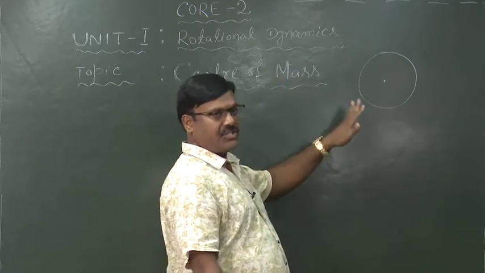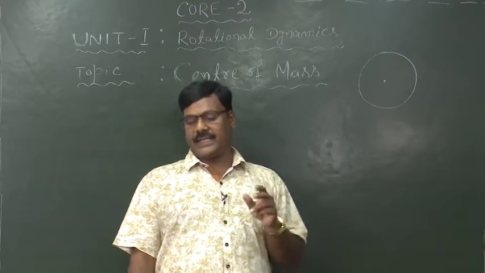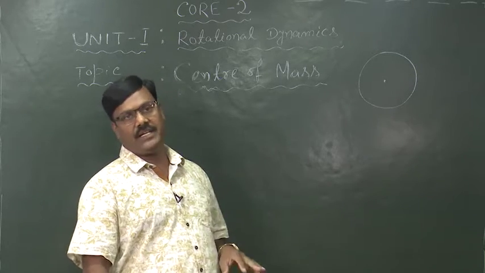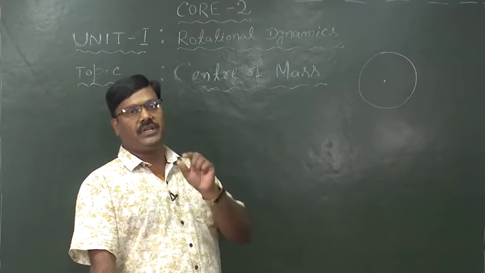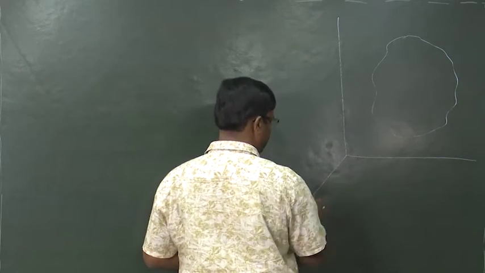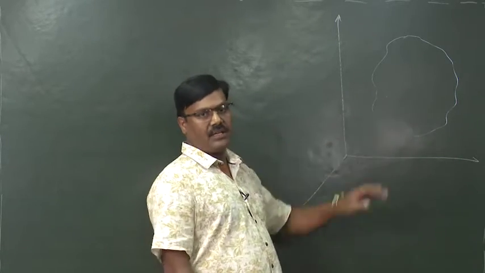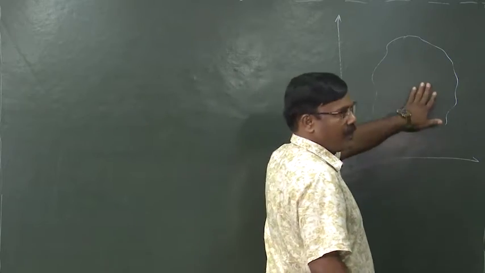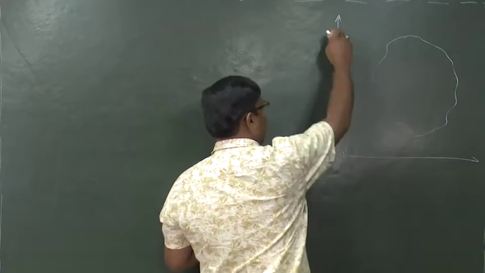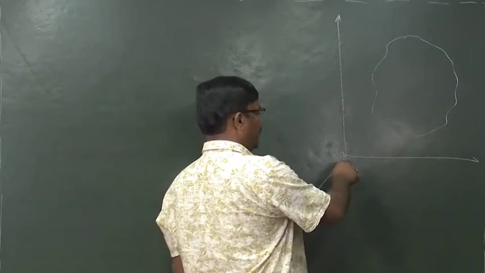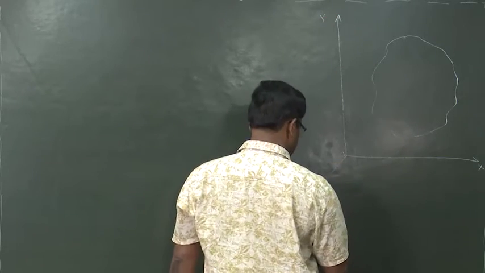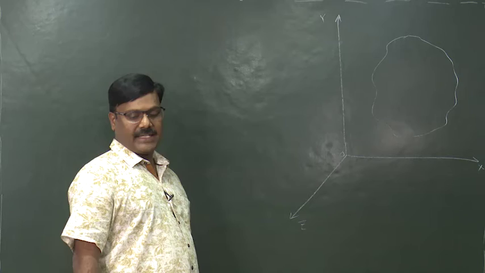Let us consider a system of particles situated with respect to a coordinate system. Let this represent the Cartesian coordinate system with the origin at O. This represents the x axis, this is the y axis, and this one is the z axis.